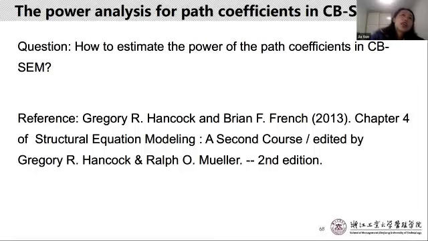Then the last power analysis for CBSEM. This time we start the power analysis for path coefficients. Also, this is the reference book. We will know how to estimate the power of the path coefficients in CBSEM.